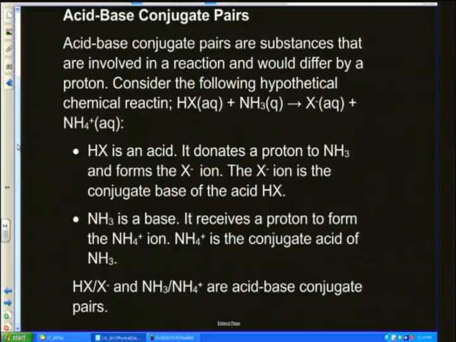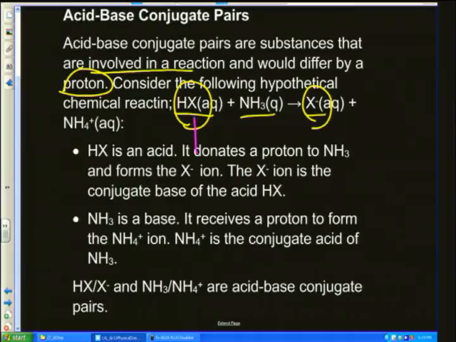Acid-base conjugate pairs. These are substances that are involved in a reaction and differ by a proton. So one has one more proton than the other. For example, let's look at this one, HX plus NH3, and then we end up with X minus and NH4 plus. If you look at HX and X minus, you would see that they differ by one proton. And for that reason, we say that these two are acid-base conjugate pairs.